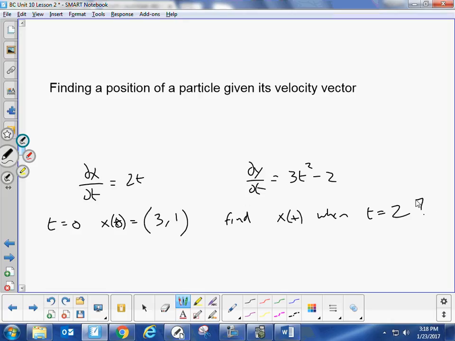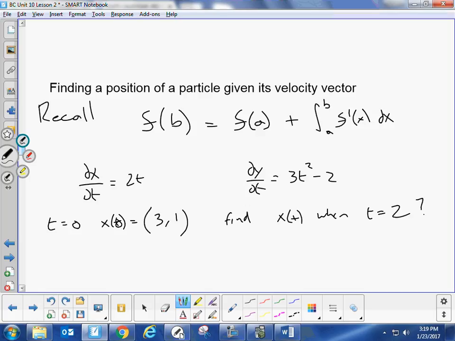Want to start with this example so that we know what we're talking about, where we're going. We need to recall the application of the fundamental theorem of calculus, which says if you have an unknown function value that you wish to find, this is equal to some known value plus the change in the function between a and b, which is the same thing as the area under the derivative of the function on that interval.